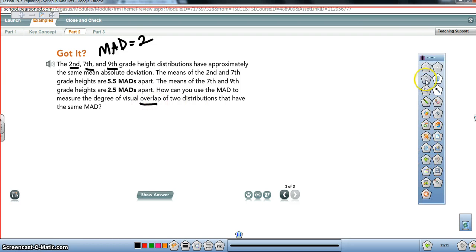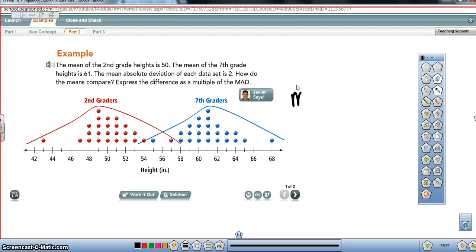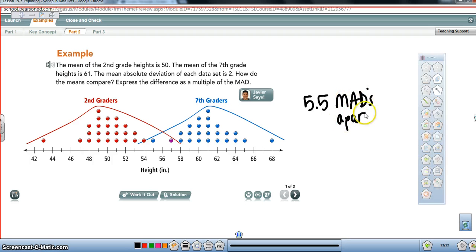If we go back to our examples, when we look at the second graders compared to the seventh graders, there's not very much overlap. We would say that these were 5.5 mean absolute deviations apart, and they had little overlap.